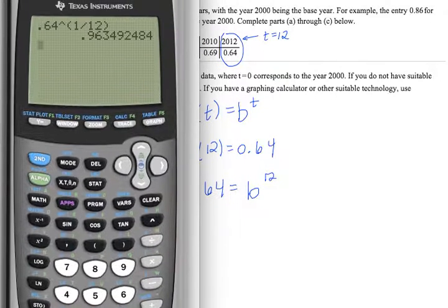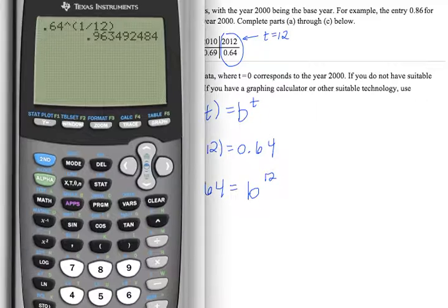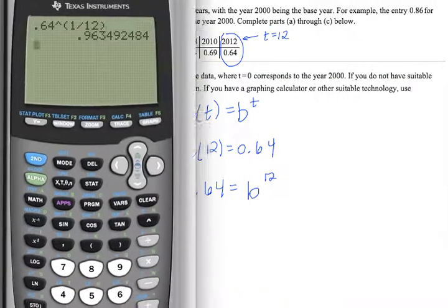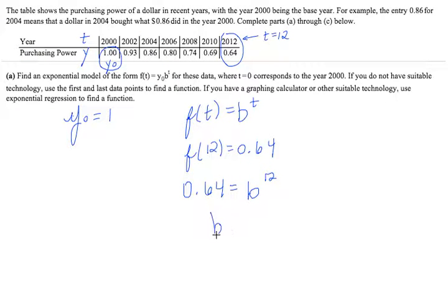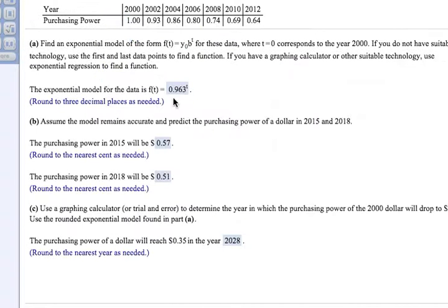Okay, and that gets me 0.963, and I've got to jump over to the problem to see how many decimals. I'm going to write it out here first. 0.9635. Let's jump over to my math lab. Yep, right there, 0.963 to the t, so rounding to 3 decimals. That's what it says to do.